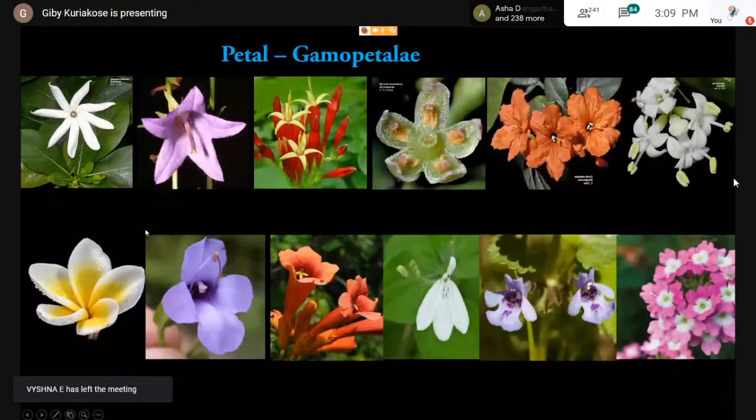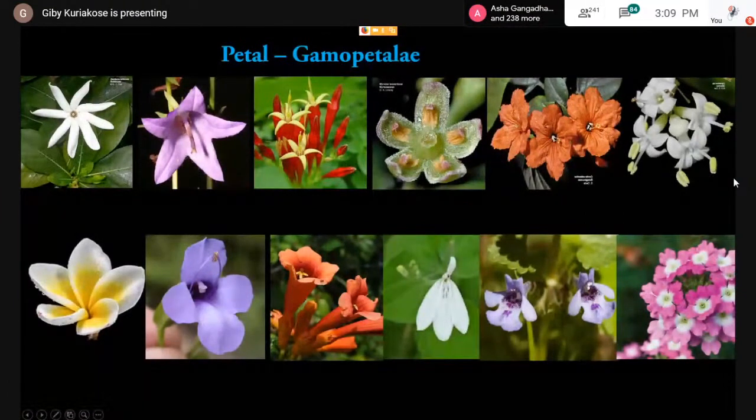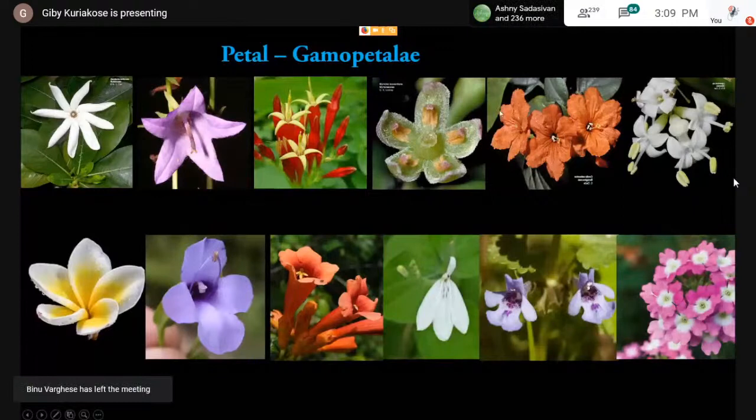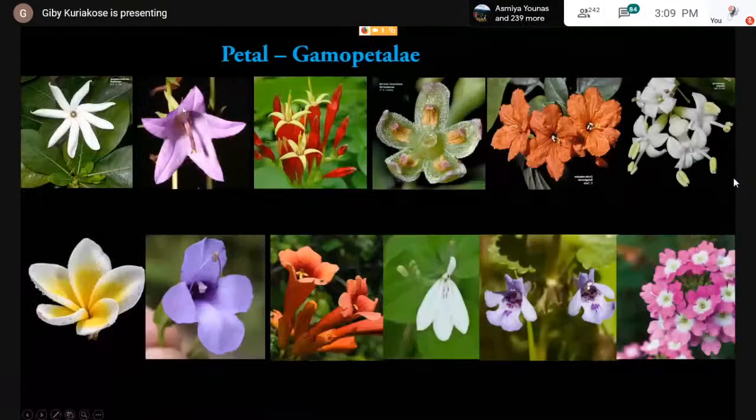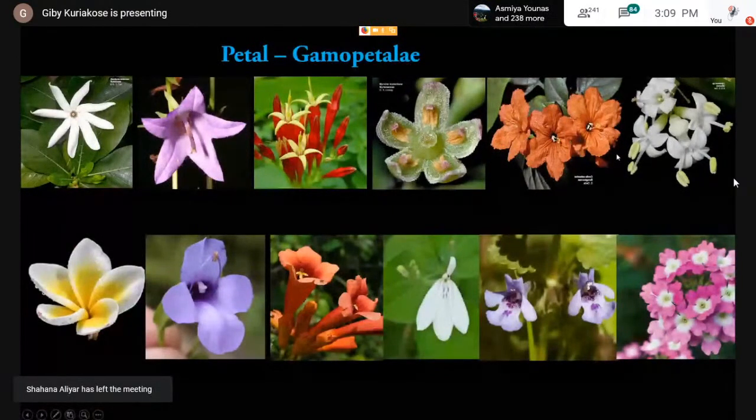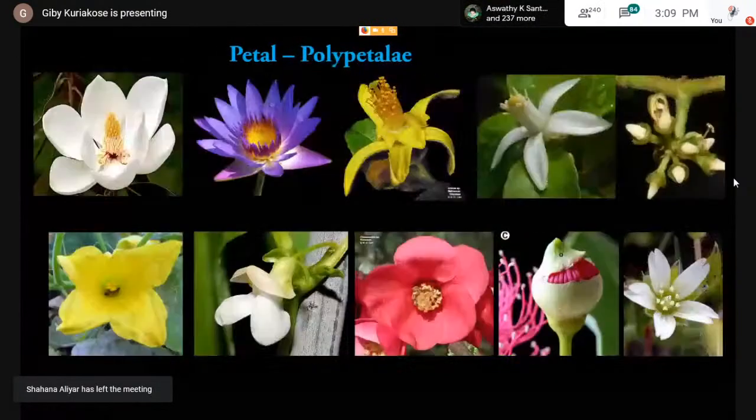When you see these two, you may be confused whether it is gamopetalae. Yes, they are gamopetalae, but their fusion is only at the base. This forms a tubular corolla, and here it may fuse to form a cup-like structure at the base adjacent to the nectary.